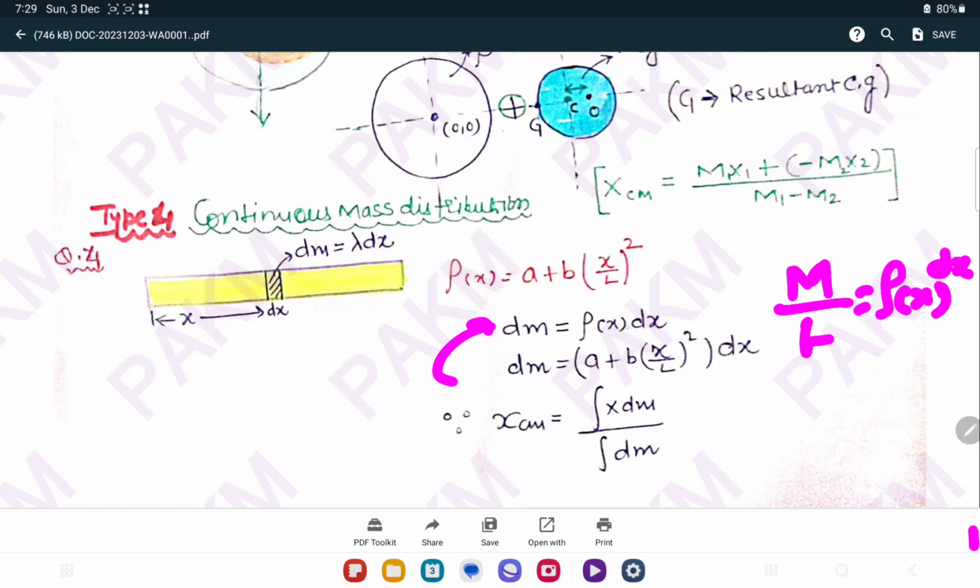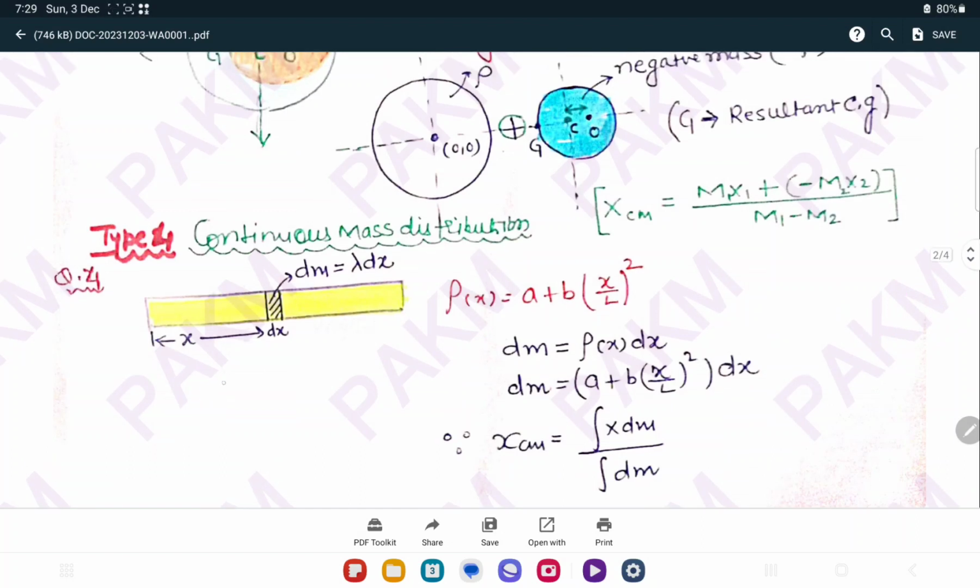So we put the dm value in the given formula and integrate, and the integration has to be done from 0 to L. Once you integrate, you can easily achieve the center of mass.